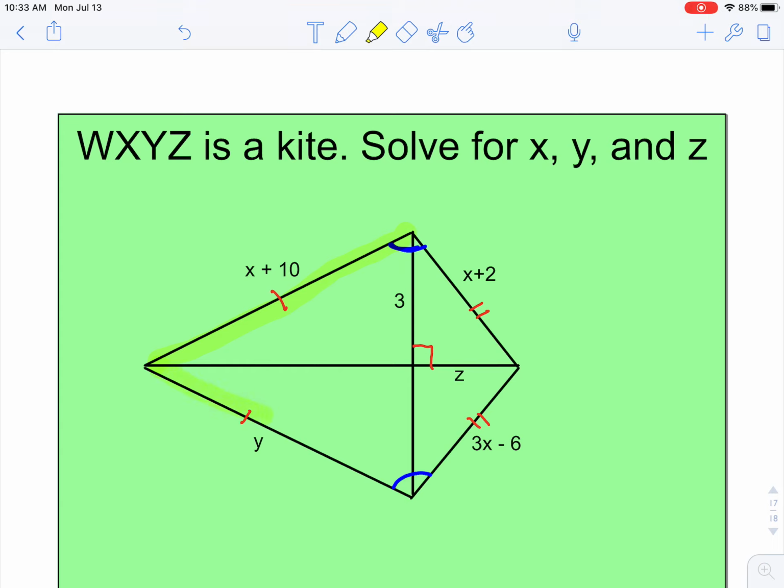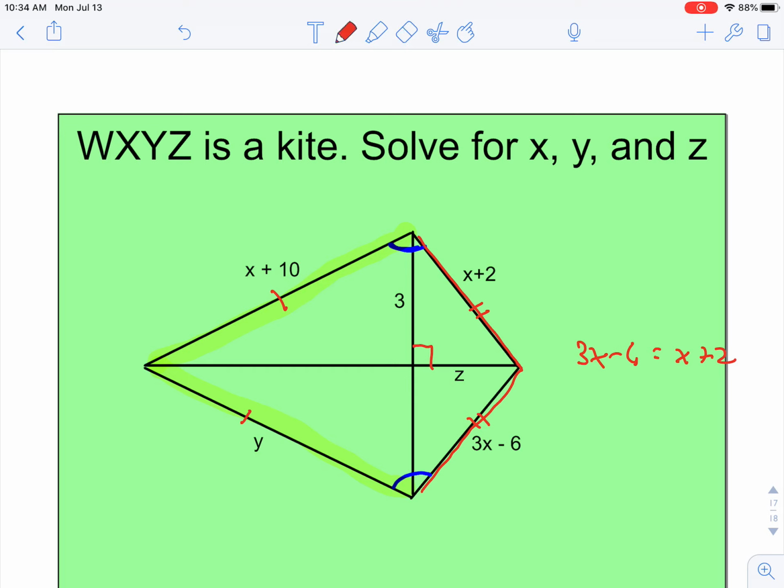Right now, if I try to set up this side and this side, I have two unknowns. So I'm going to start with this side equal to this side. I'm going to set 3x minus 6 equal to x plus 2.